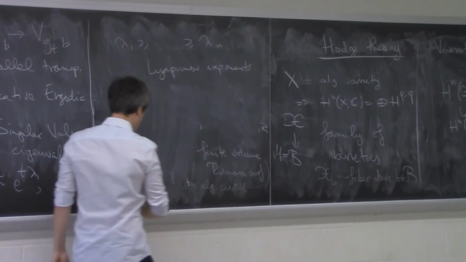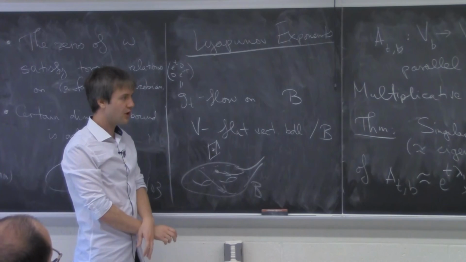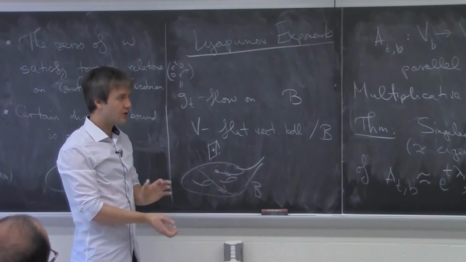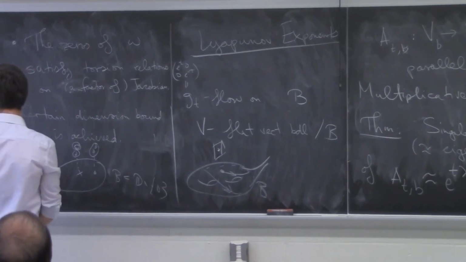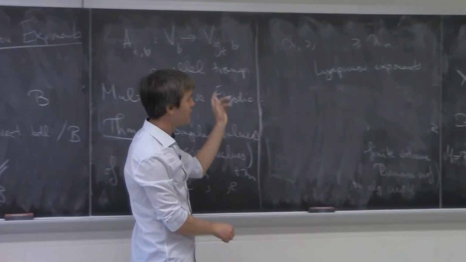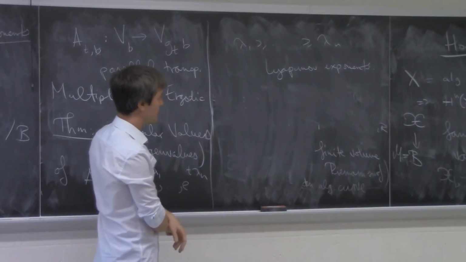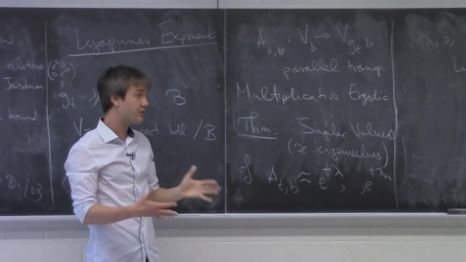And by studying what happens in this case, for a general variation of Hodge structures, in fact, you can study it in a pretty general setting. You can deduce all of these nice properties that I was referring to. The interest in these Lyapunov exponents is in particular because they give you information about the flow on the individual surface.